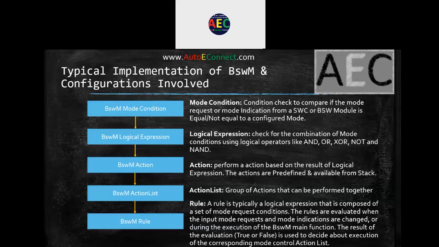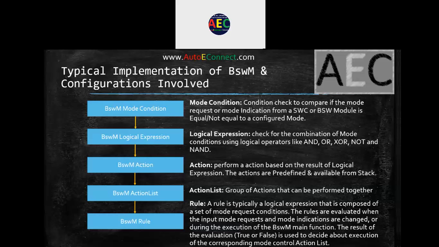Let's say these are all the different modes that we want the BswM to handle. Then first we have to configure the mode conditions so that the BswM can perform the checks against these mode conditions. So now we have the mode conditions available. Next we'll enter into the step of logical expression.